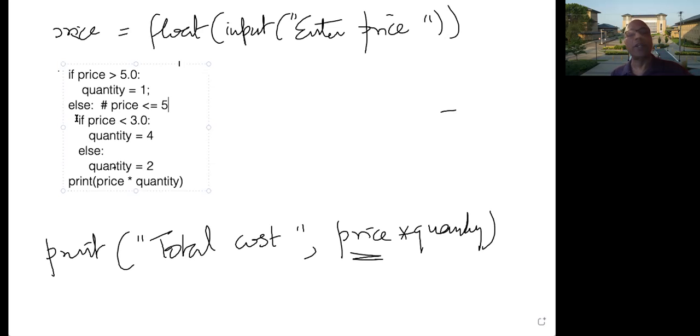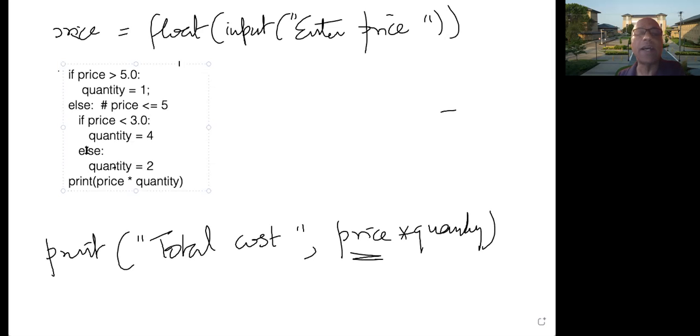So now you check, if price is less than 3, then you set quantity to 4, but then there is an else here which is associated with this if. So you have an else here, an else over here too, but they match different ifs. This else is for this if, and this else is for this if.